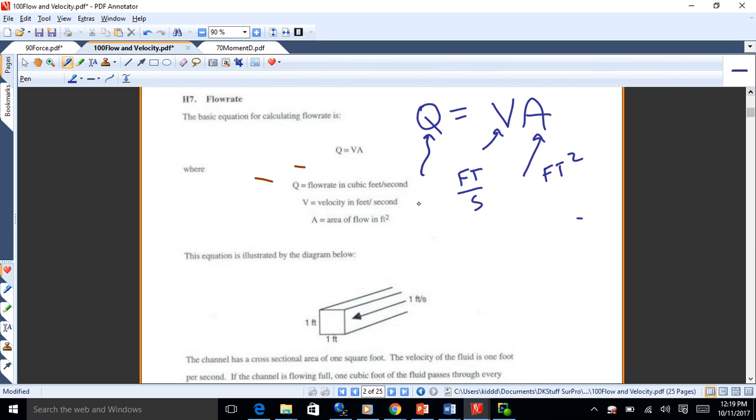And then Q comes out to be cubic feet, which is a volume unit, divided by seconds. So the idea here is if you take the area of a channel or a pipe and multiply it by the speed of the fluid in there, what you'll come up with is a volume flow rate.